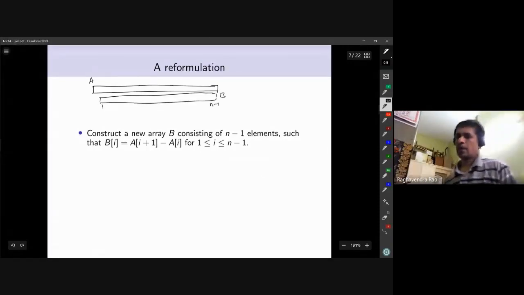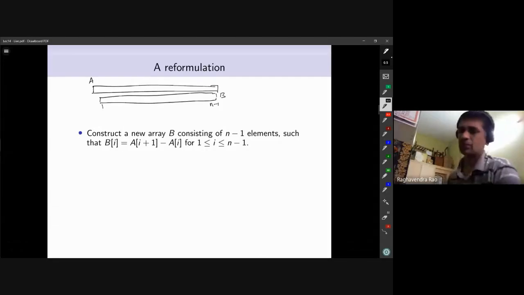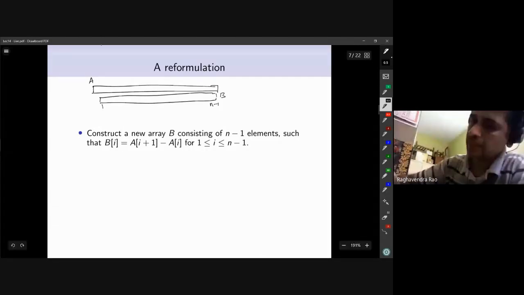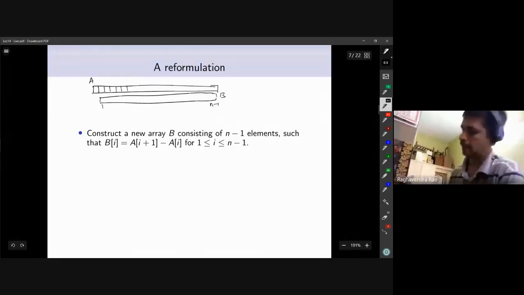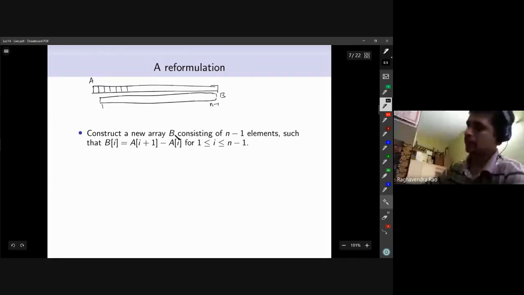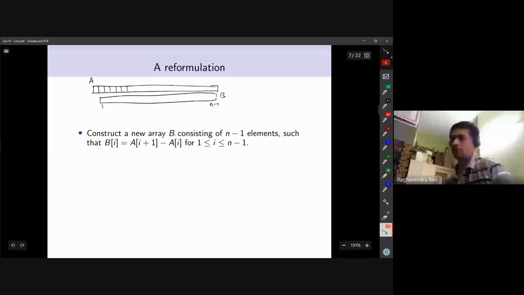Now, how are the elements? It's basically the successive differences that are stored in this new array. So the new array B is such that the ith element in this array is the difference between the i plus 1th element in array A and the ith element.